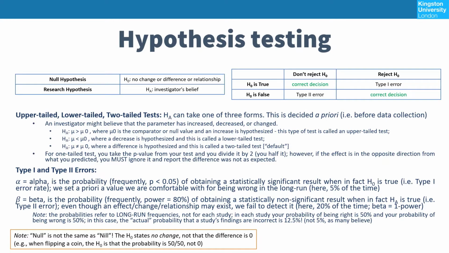Alternative hypotheses themselves can be split into three forms. So these can be upper-tailed tests, lower-tailed, or two-tailed. The decision between these is normally made a priori, meaning before you start the experiment or you collect any of the data, and they are made on the basis of the investigator's belief. So you might believe that a specific intervention will lead to an increase in an effect.